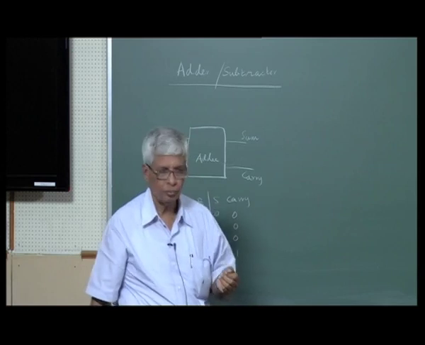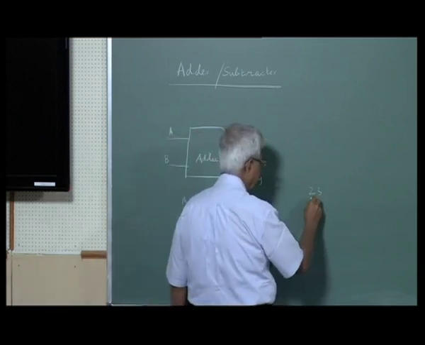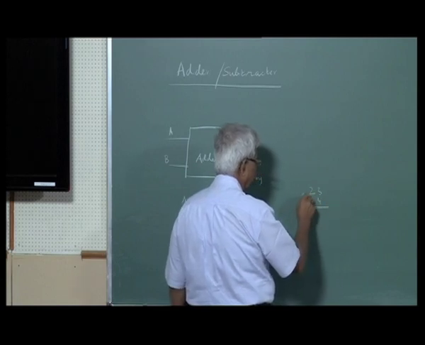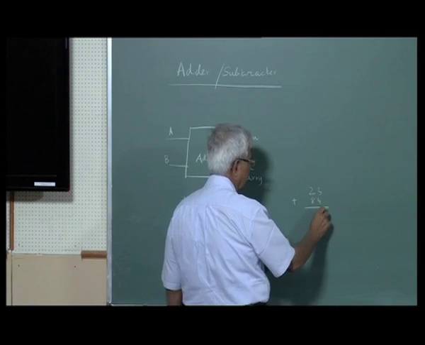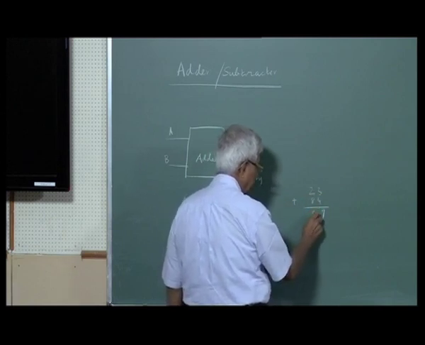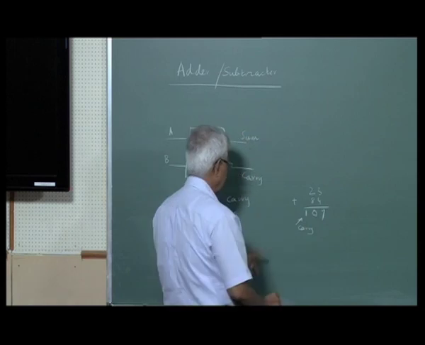You are adding 23 to 84 in decimal: 3 plus 4 is 7, 2 plus 8 is 10, but I can only put a 0 here, and the 1 gets carried. The same concept here.